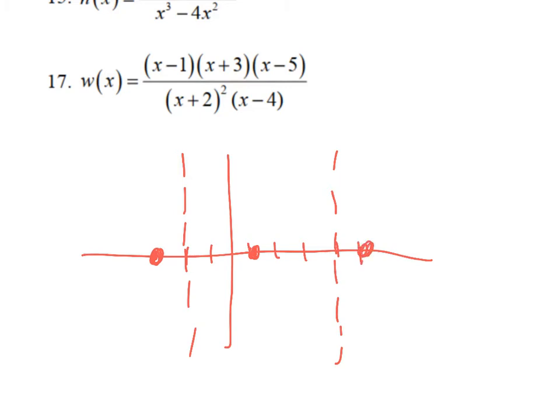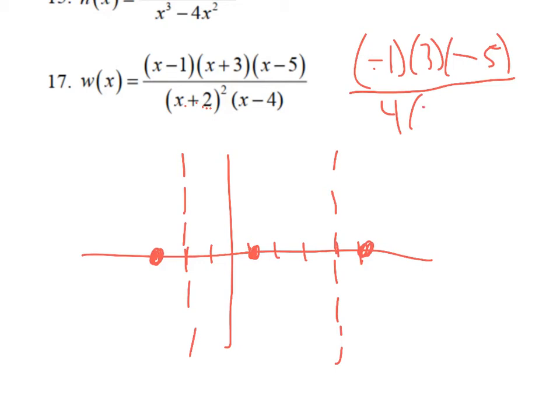I know the y-intercept: if x is 0, that's -1 times 3 times -5 over 4, because it's 0 plus 2, then we square it, times -4. So what's that work out to be? 15 over -16, so at just about -1, it crosses the y-axis.